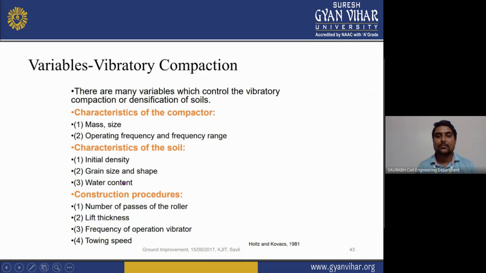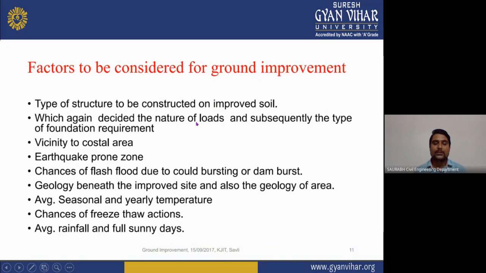What are the variables of vibratory compaction? There are many variables which control the vibratory compaction or densification of the soil. What are the factors to be considered for ground improvement? First, we should understand the type of structure to be constructed on the improved soil, which decides the nature of loads and subsequently the type of foundation required.